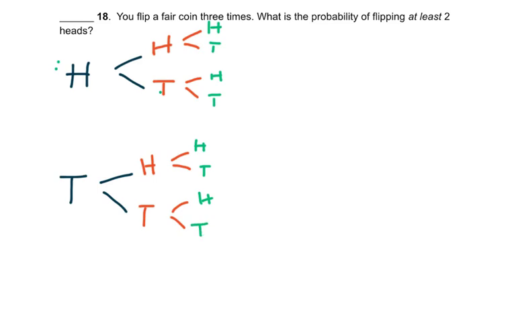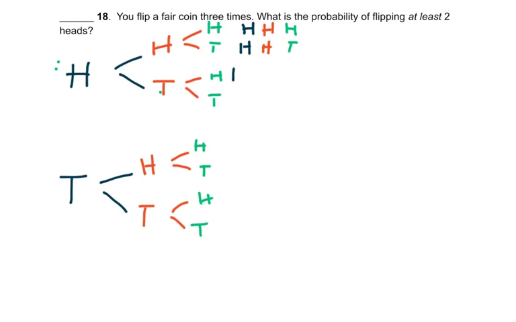Now, tree diagrams are not always the easiest to understand. So let's list out what that would look like in list form. So the first outcome possible could be heads the first time, heads the second time, and heads the third time. Or we can have heads the first time, heads the second time, and tails the third time.